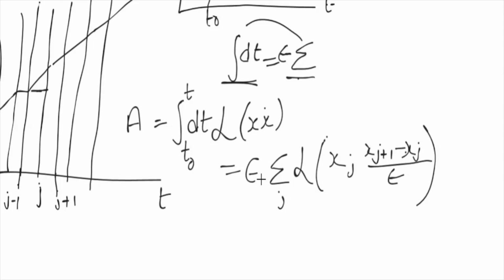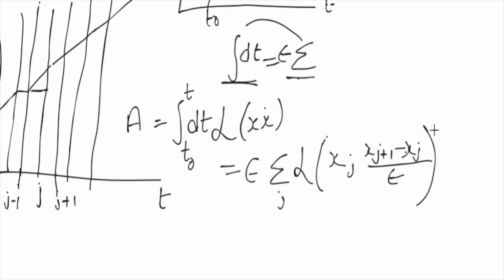Now we have a function which is only a function of discrete variables. What we did is replace the continuous function by a function of these heights. So this is now an ordinary function of these heights. Now how can you make it stationary?